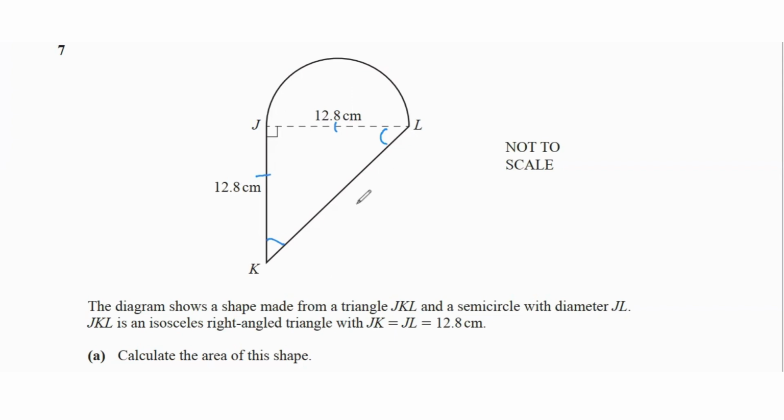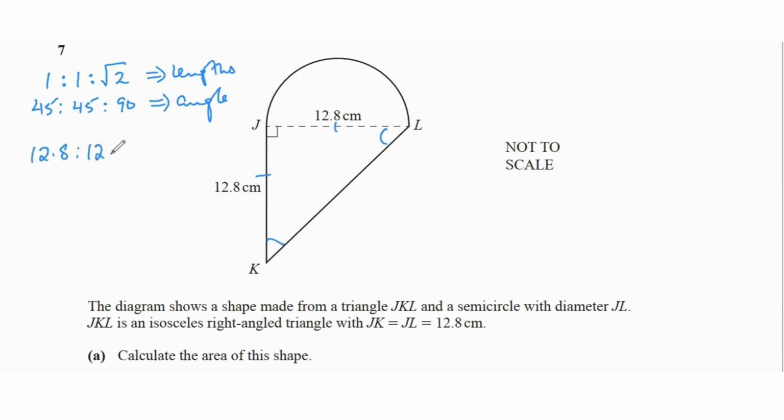If you remember the special right triangles property, if you have an isosceles right angle triangle, the lengths come in the ratio of 1 is to 1 is to root 2, which is for 45 is to 45 is to 90. This is the ratio for angles. This is the ratio for lengths. So since we have 12.8 for 1, it's going to be 12.8 : 12.8 : 12.8 root 2. So this is our length of KL.